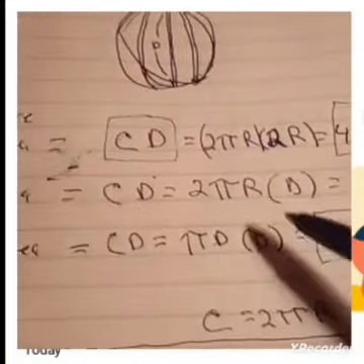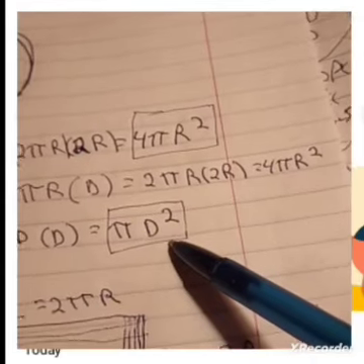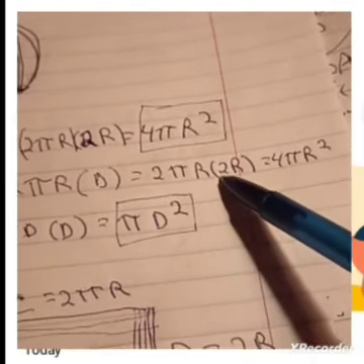Another formula is pi times diameter squared. 2r is the diameter.